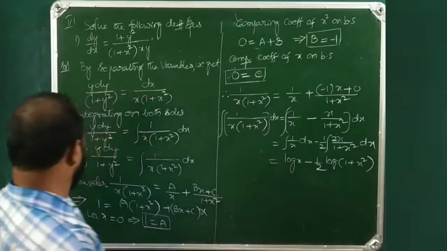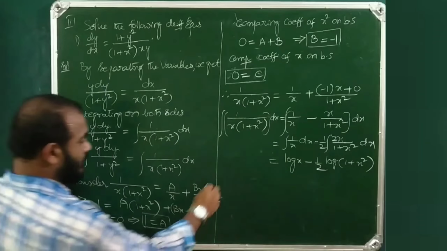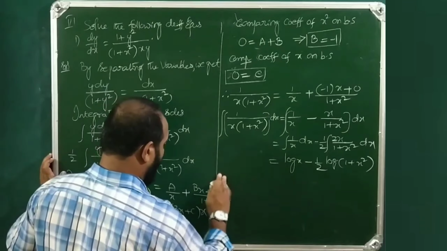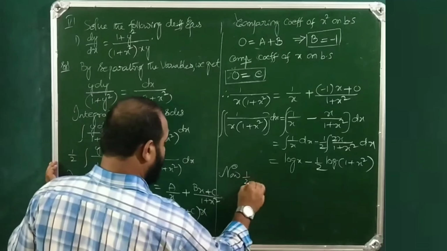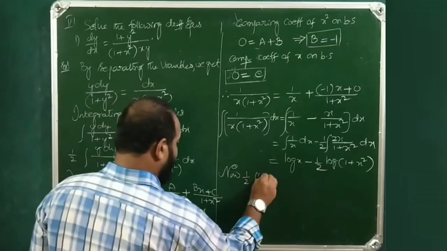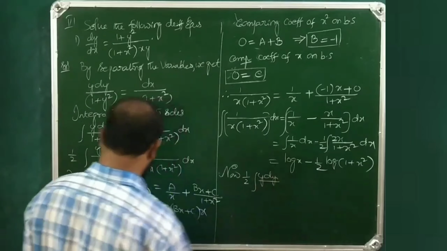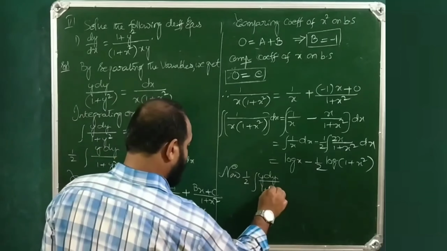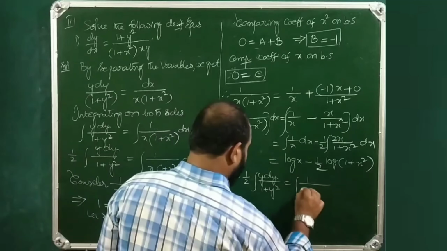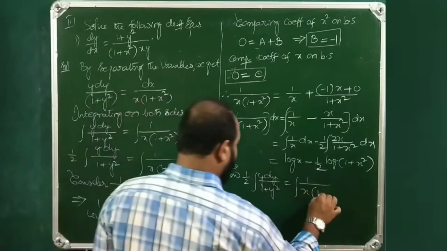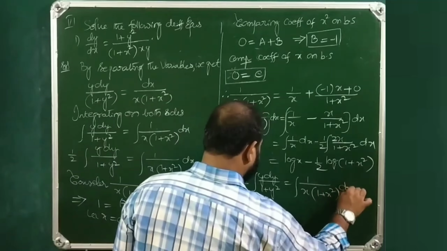So now I will come to here. So this is equal to, now 1 by 2 integral y dy by 1 plus y square is equal to integral 1 by x into 1 plus x square dx.